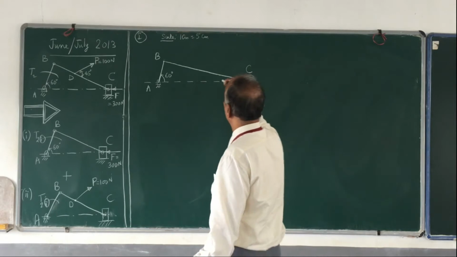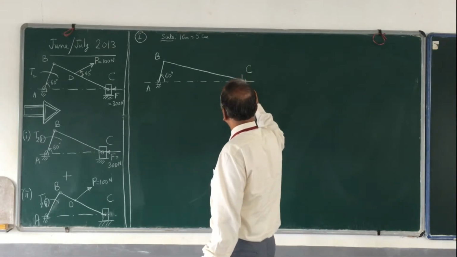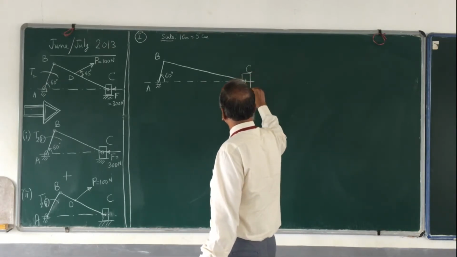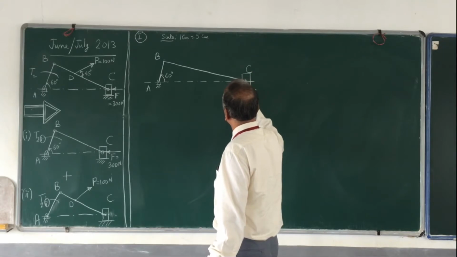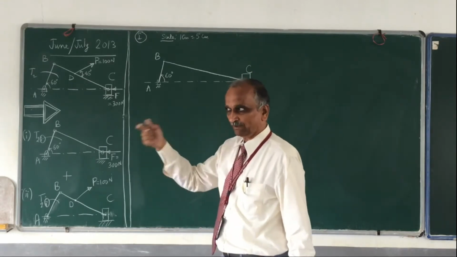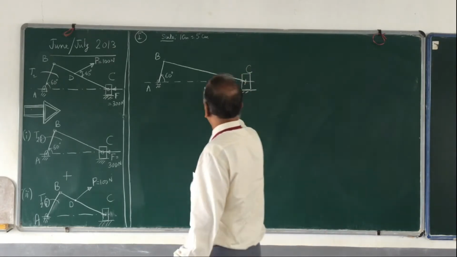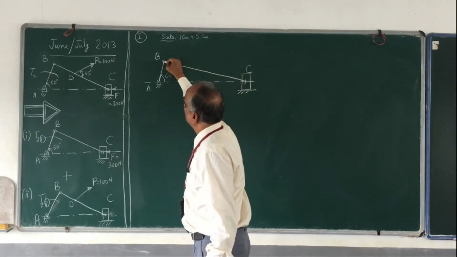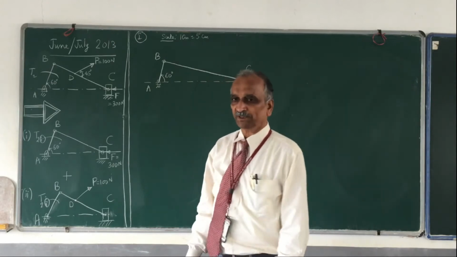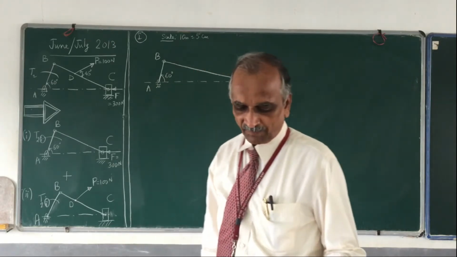Then at C you draw a rectangle like this, which is supposed to represent the piston. Remember, it is circular. Then at B also you draw a small circle to represent the turning peg.